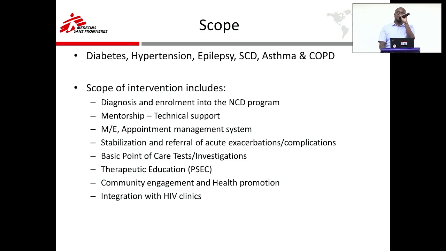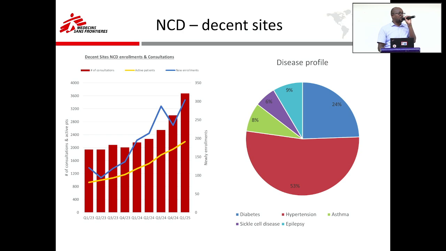The next slide. So we have more than 2,000 patients. By Q1 we had 2,186 active patients, and the majority of our patients are living with hypertension. Some patients have both, like 17% of our patients have diabetes and hypertension.